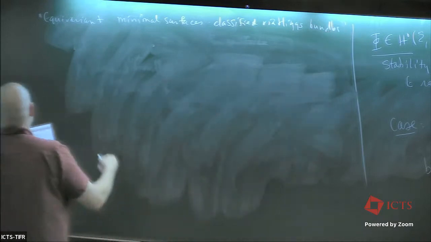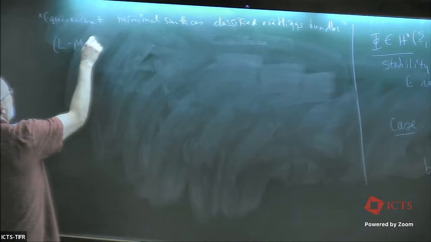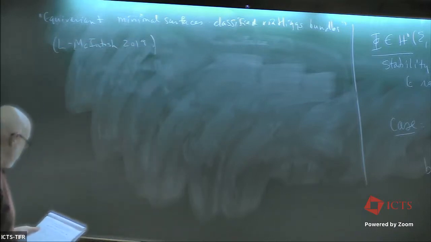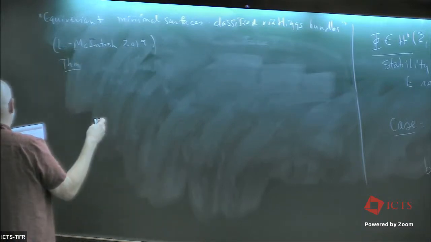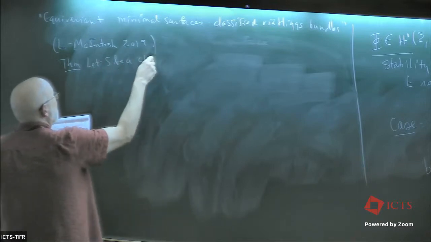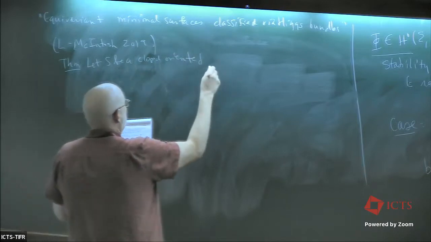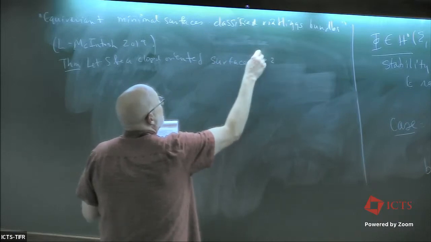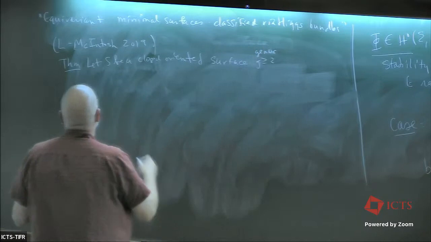And this is joint work with Ian McIntosh, which was published in 2019. So I have the following theorem. Let S be a closed oriented surface of genus g at least 2.